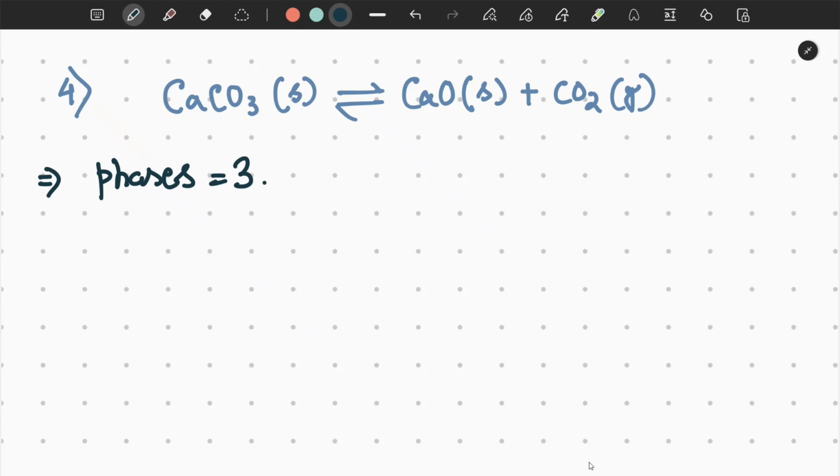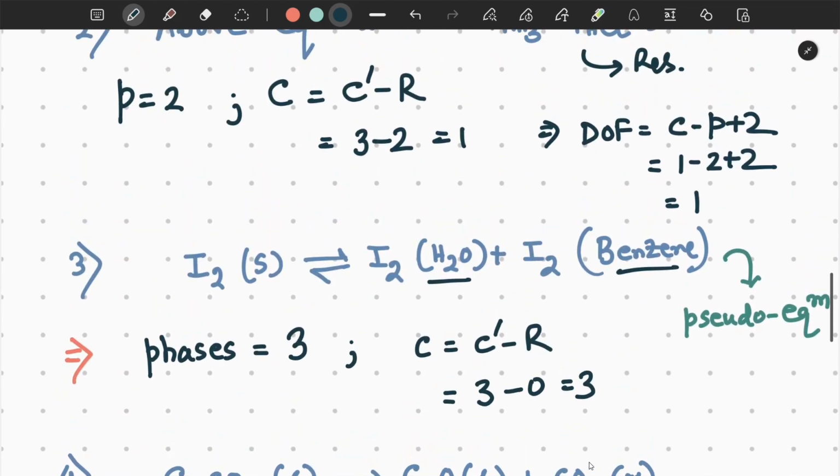Phase means if you can distinguish with your physical sense, like seeing, observation, or any physical measurement, like touching, then obviously it's a different phase. So each solid substance is a different phase. Why is it not so for the previous question, ammonium chloride?